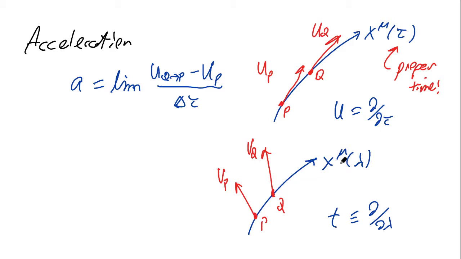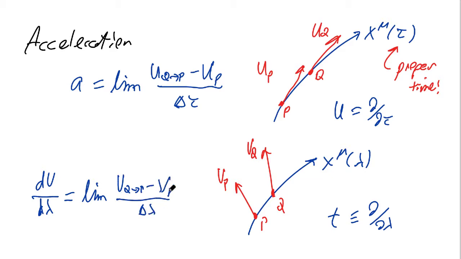Then the derivative of this vector field v along this curve, which I've denoted by dv/dλ, is just the limit of v transported from q to p minus v at point p divided by Δλ. And we know how to compute this.